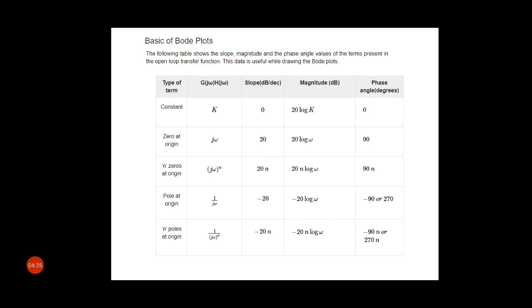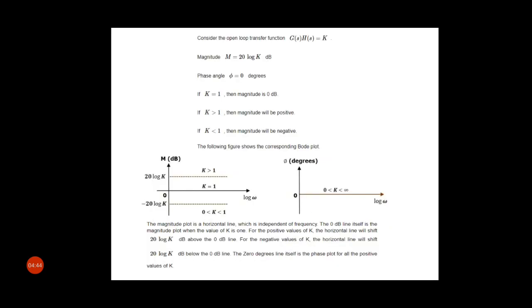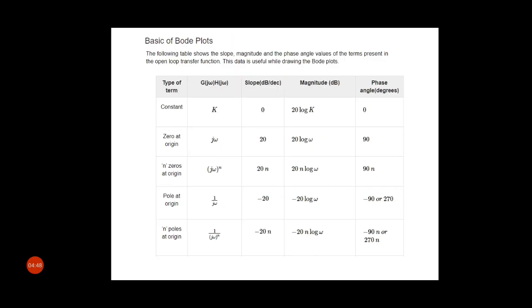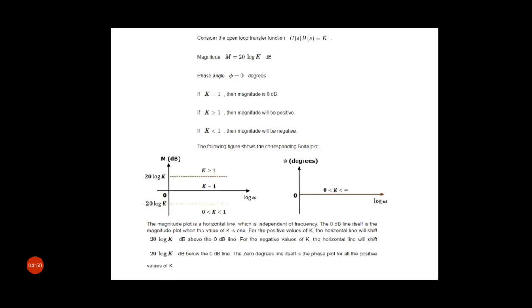This data is basically useful while drawing the Bode plots. So now I will discuss the constant term, zeros at the origin, and so on. See the table. First we take the constant part.